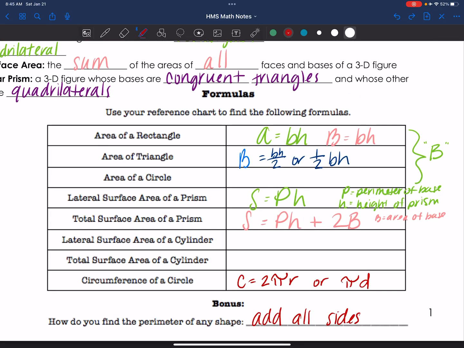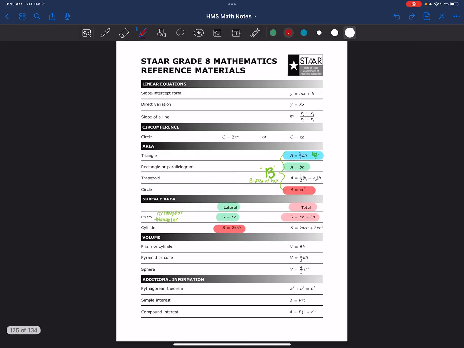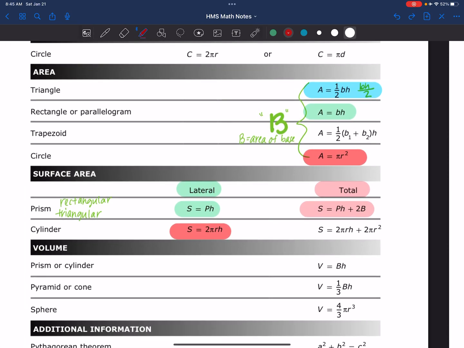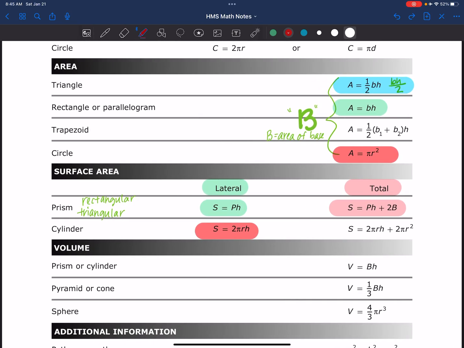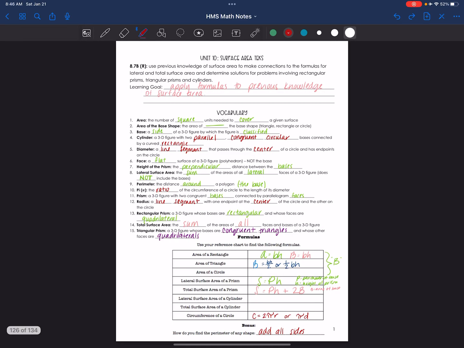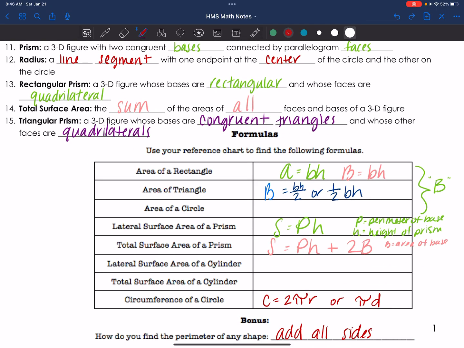The formulas we're going to be using is definitely the circumference of a circle, because we need to find the perimeter, right? Capital P times H. And then let's find what our lateral surface area of a cylinder formula is by going to our reference chart. So surface area, cylinder, I want lateral. S equals 2 pi RH, which makes sense, right?